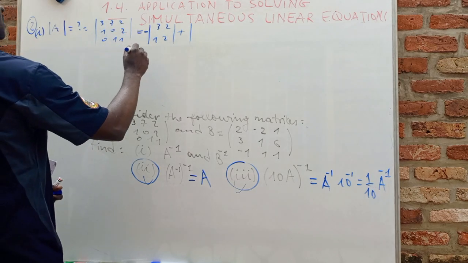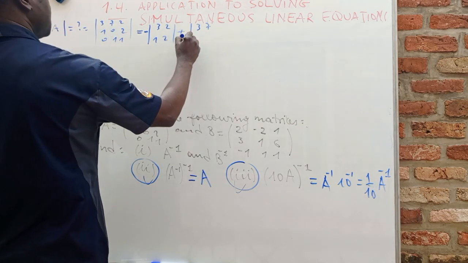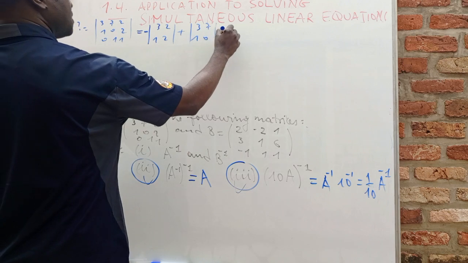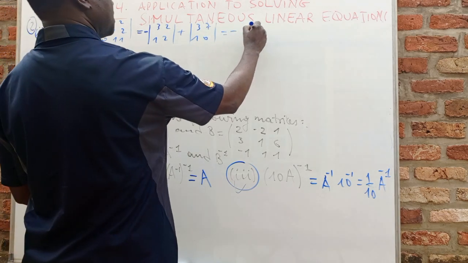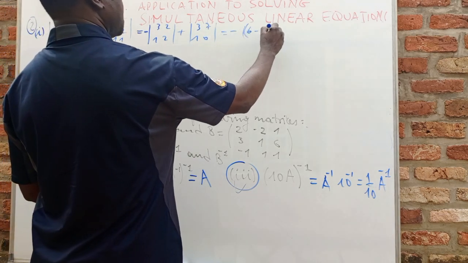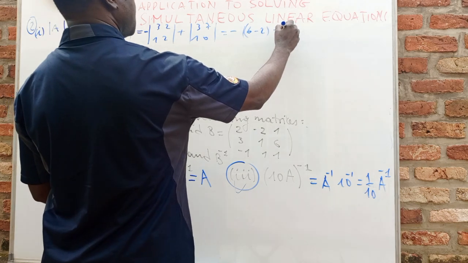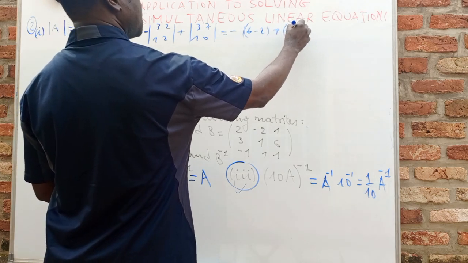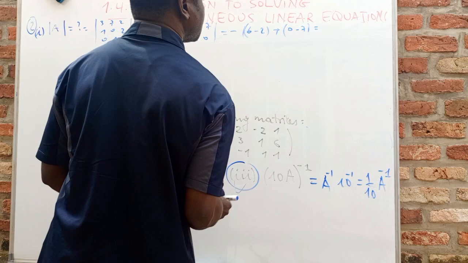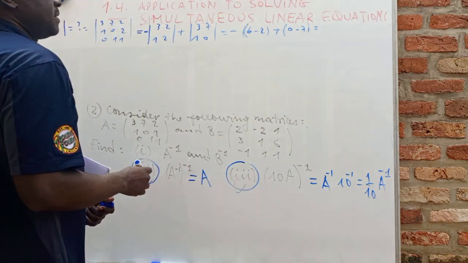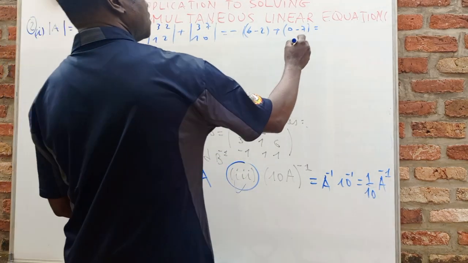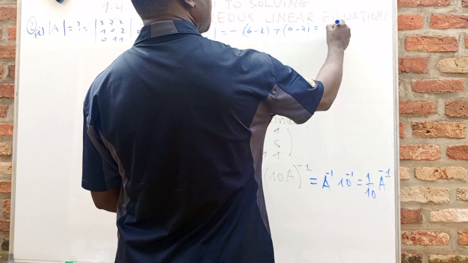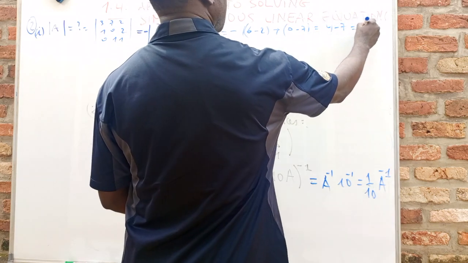Then I have 3, 7, 1, 0. So that we have negative 6 minus 2, positive 0 minus 7. So this determinant is going to be equal to 4 minus 7, which is equal to negative 3.